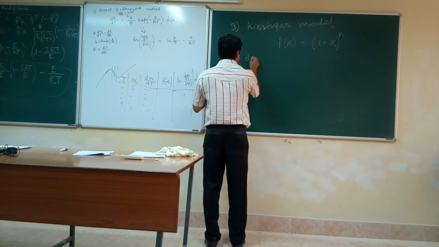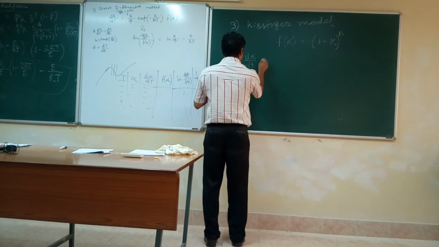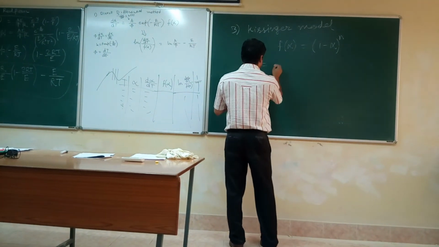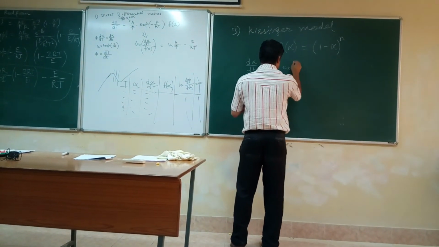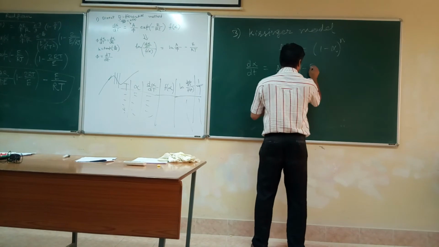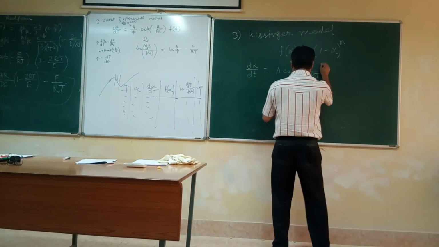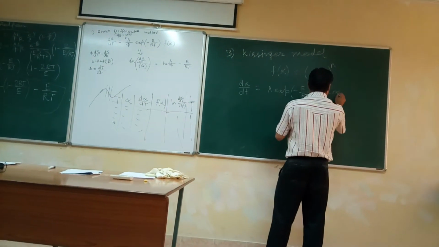So your d alpha dt is equal to k f alpha. k is exponential minus E over RT, times 1 minus alpha to the power n.